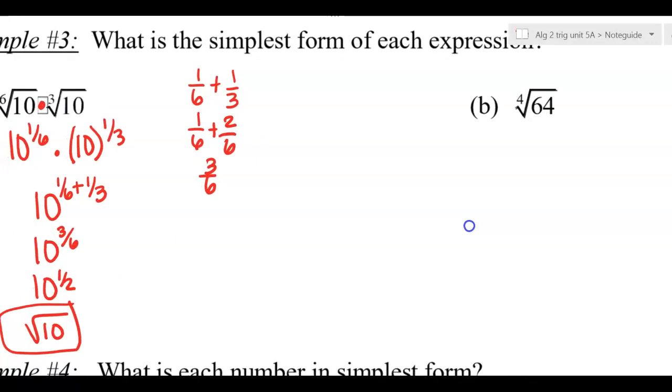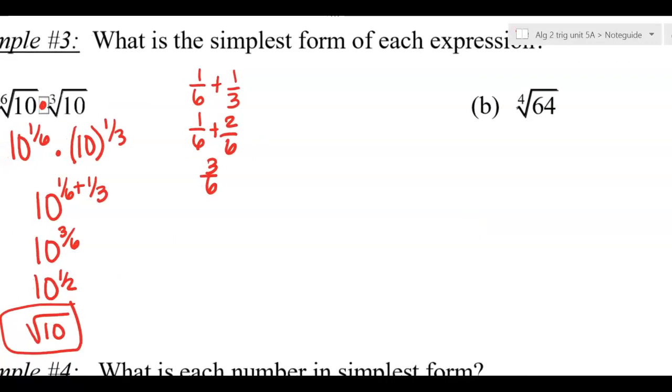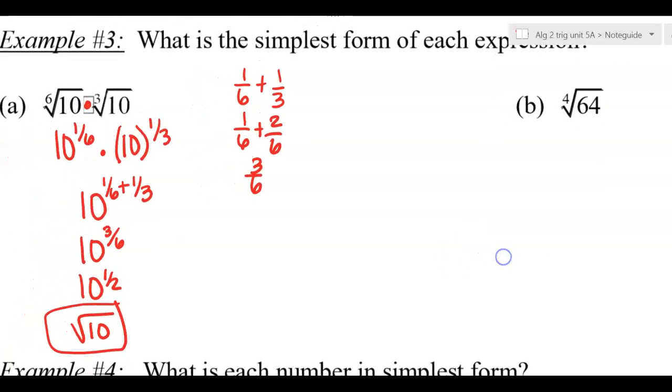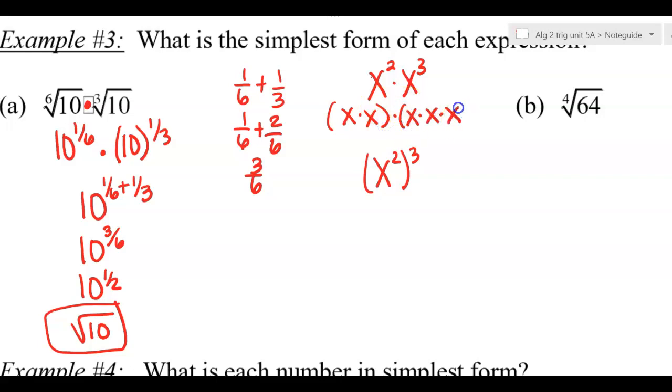All right, part B. Yeah, sorry, Stefan. Why wouldn't you multiply the two? Because remember our exponent rules say, okay, remember what these mean if we write them out in their most basic form. This means x squared times x cubed. So notice that x is still the base, but it now has a power of 5.